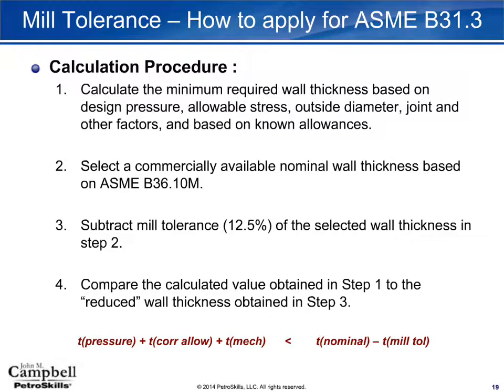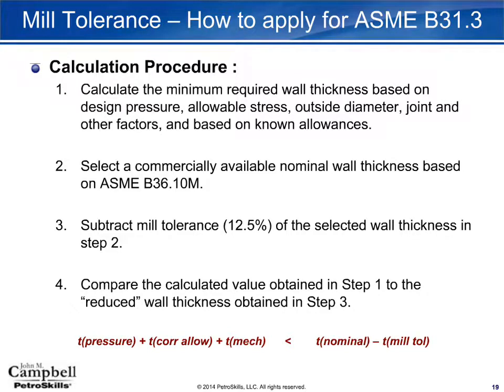The final step 4 is a comparison, shown in red at the bottom of the page: thickness for pressure and allowances needs to be less than my nominal minus the mil tolerance. I'll explain why I'm being quite specific about this in just a second.